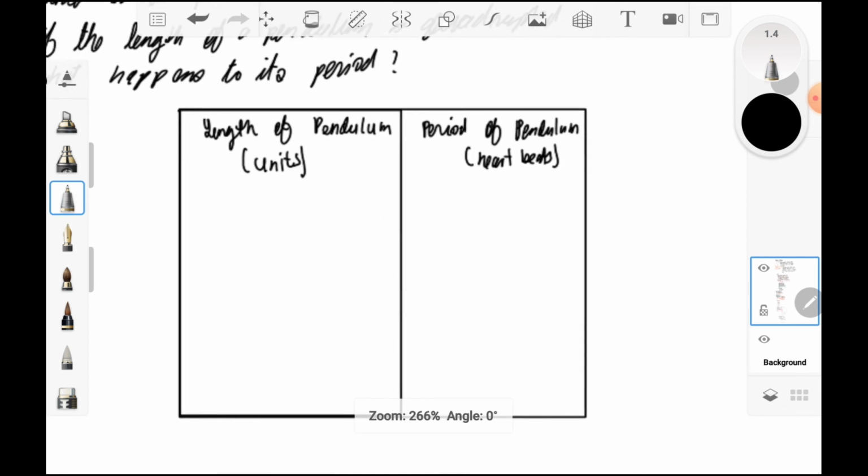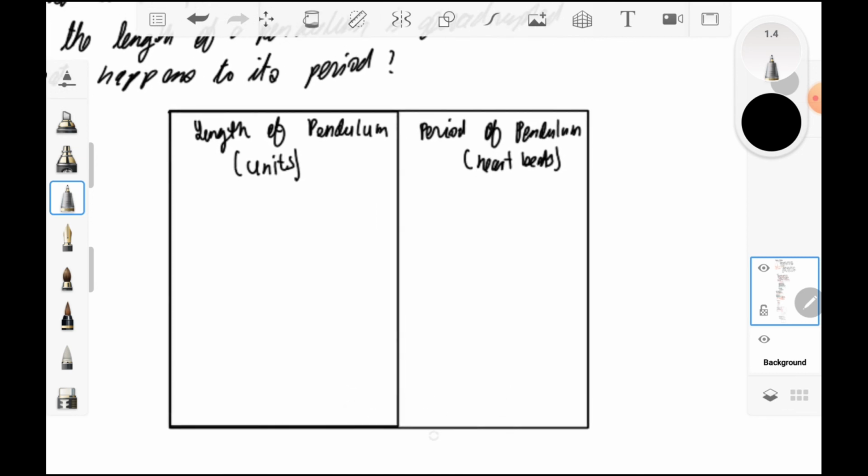So, according to the table, at 1 unit of length, we will have 1 heartbeat. So, 4 units of length, we will have 2 heartbeats. So, at 9 units of length, we will have 3 heartbeats. At 16 units of length, we will have 4 heartbeats.